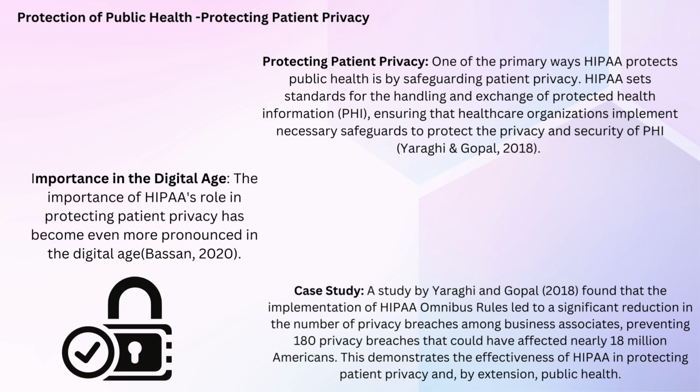By protecting patient privacy, HIPAA helps to maintain patient trust in the healthcare system and encourages individuals to seek necessary care without fear that their personal information will be misused. I think that's an important step, that our patients and our clients know that their information is going to be with them, and they decide that.